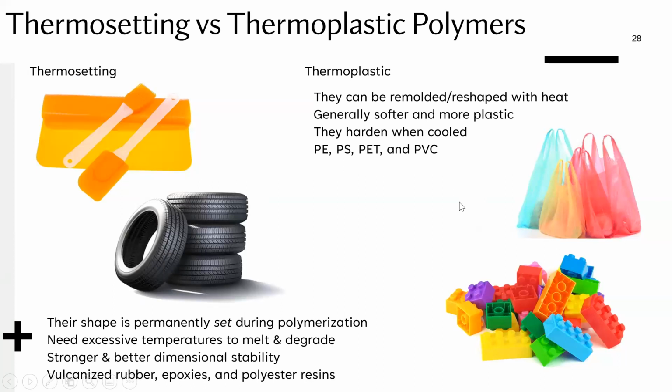And so basically, there's a distinct difference between these two, which is the degree to which they can maintain their shape, or they actually can lose it easily at rather low temperatures. Now, the reason why this happens, we will get into that when we study the mechanical properties of these polymers in the next set of lectures for next week.